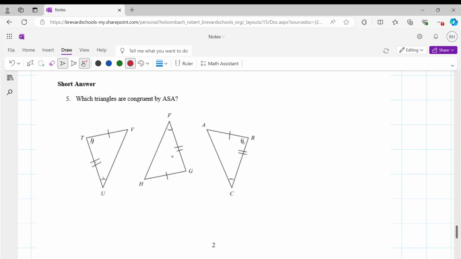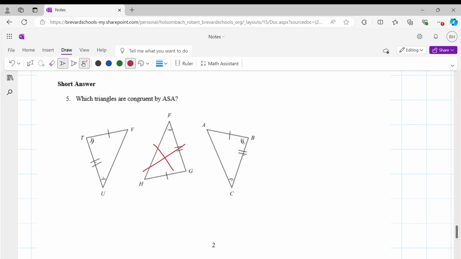We don't have two angles in this triangle that are congruent to the first triangle. So we're not going to use that one. In this third triangle, we have an angle, 2 tick marks, and an angle. All right? So it's going to be the first triangle and the third triangle.